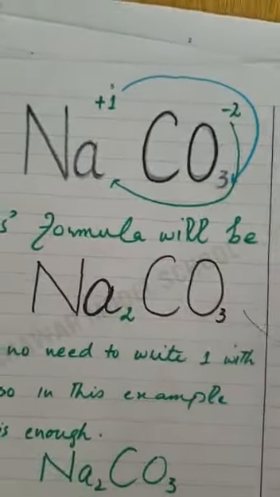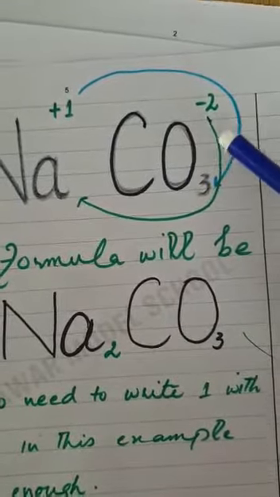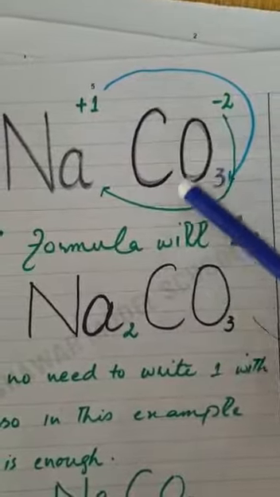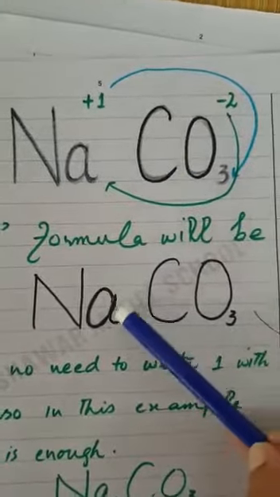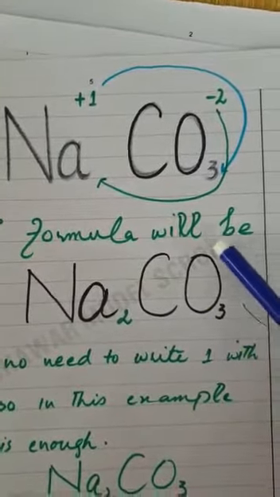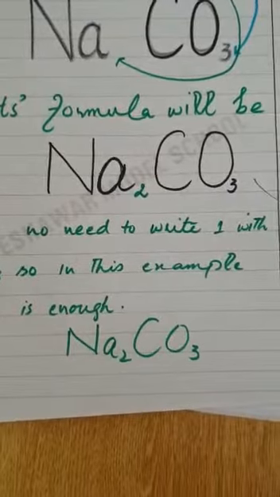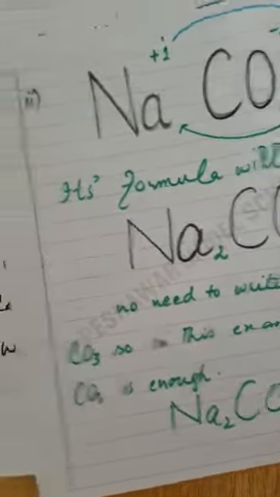We will write the valency of sodium with the carbonate, and the carbonate valency will be written with the sodium. So in this situation you will notice that we have Na2 and CO3. CO3 is already in singular form, so no need to write 1 with the CO3. As a result, the chemical formula for sodium carbonate will be Na2CO3.